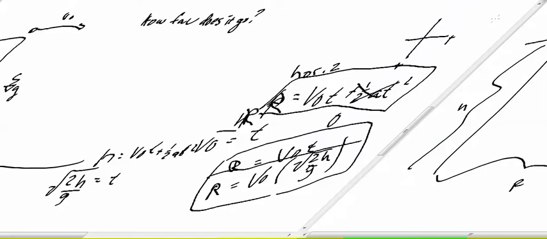Very good. And then range equals velocity, or v naught, times time. Very good. And then we just solve for time, and that's the square root of 2h divided by gravity. And so I just put it right over here. Yep. So I got that.